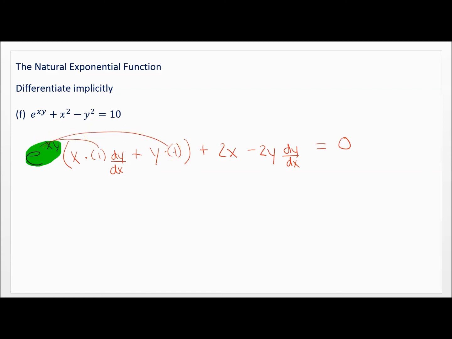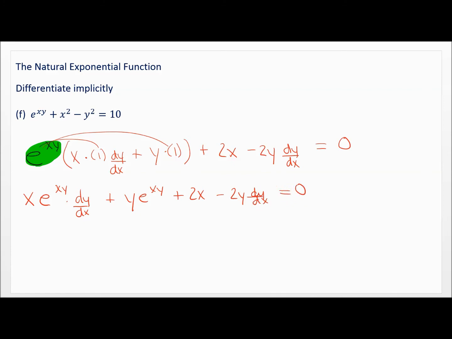So I'm going to have x e to the xy times dy over dx plus y e to the xy plus 2x minus 2y dy over dx, and that still equals 0.